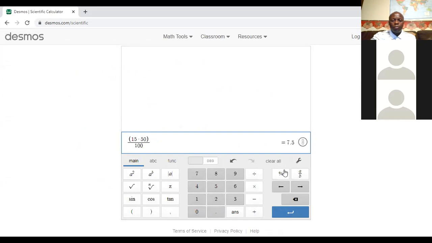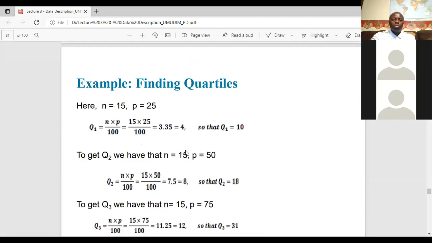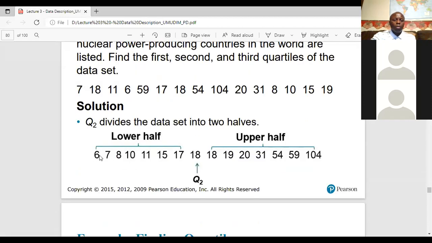You get 7.5. Like I said, whenever you have a decimal part like this, you round up to the next number, which is 8, the 8th number. So Q2 will become, you count 1, 2, 3, 4, 5, 6, 7, 8.